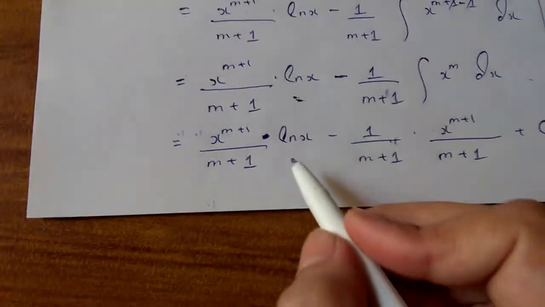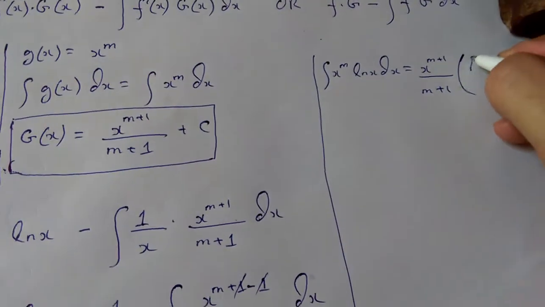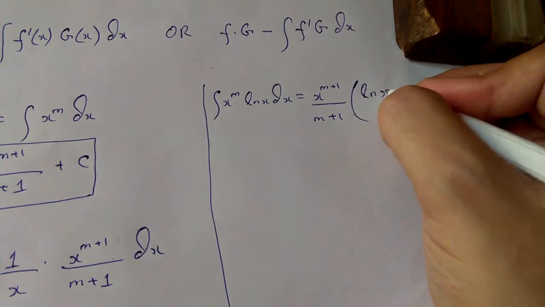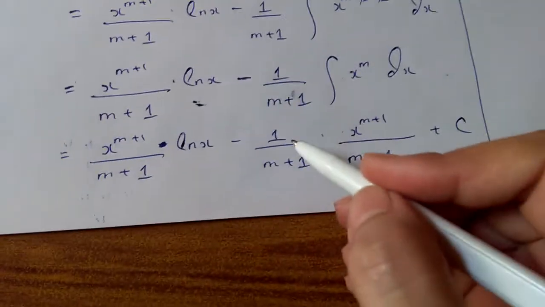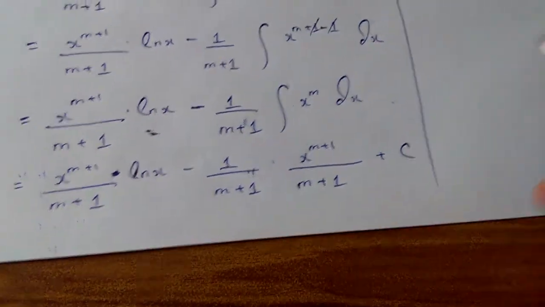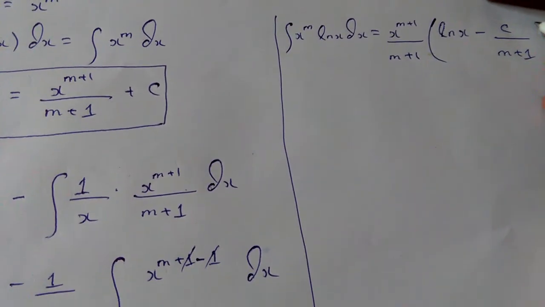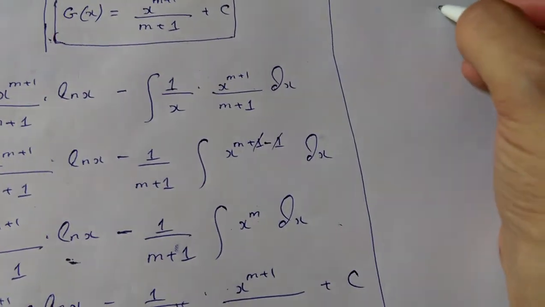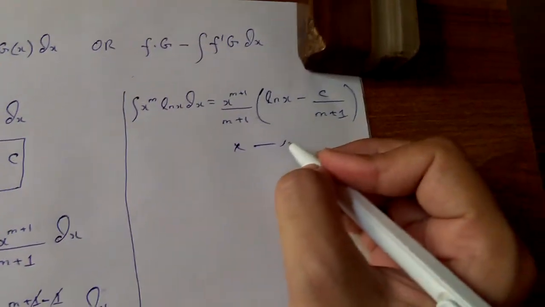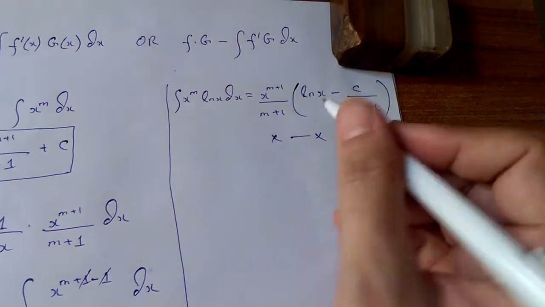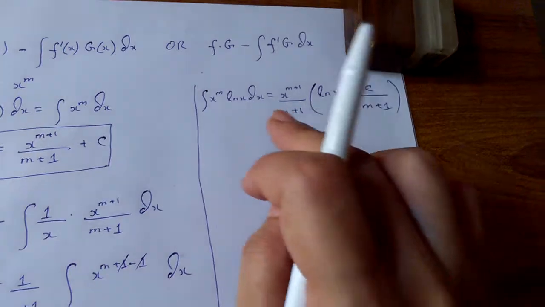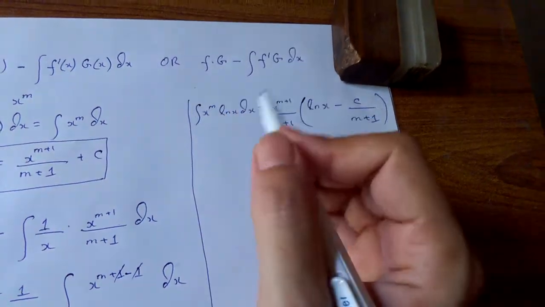Inside the bracket you are going to be having ln of x minus 1 upon m plus 1. This is something that is so left, and you are done.